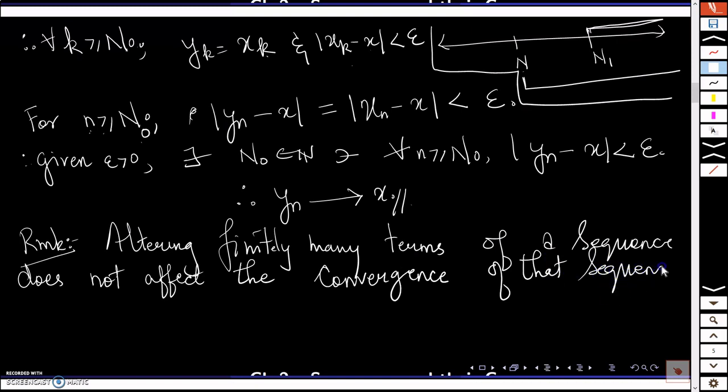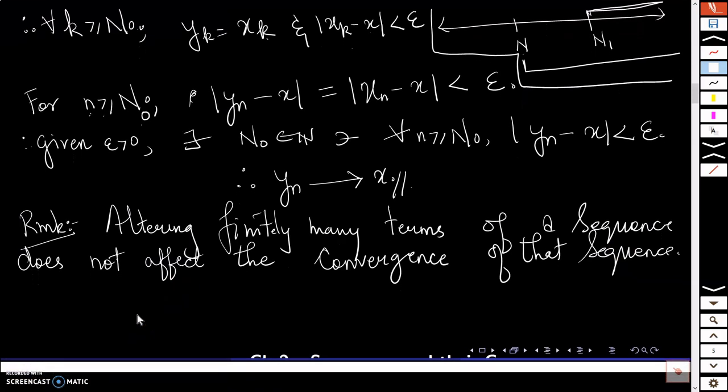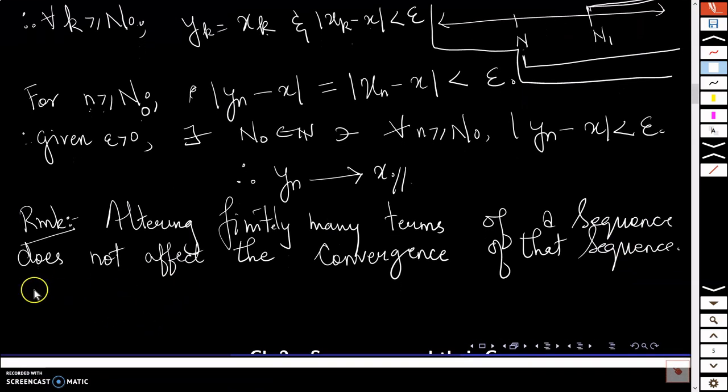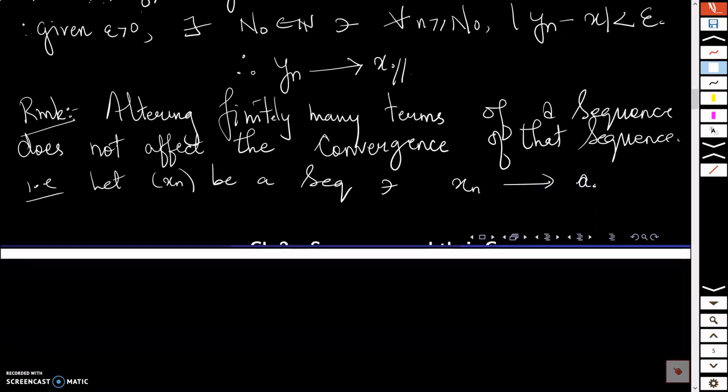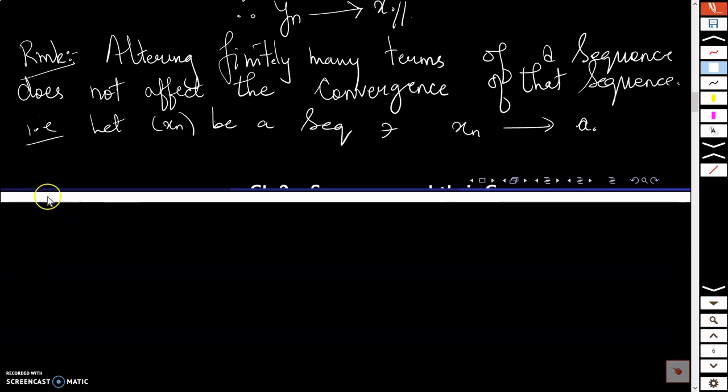What this means is, if I have a sequence, let's say xn, let xn be a sequence such that xn converges to a point, let's say a. And I have this sequence xn now.